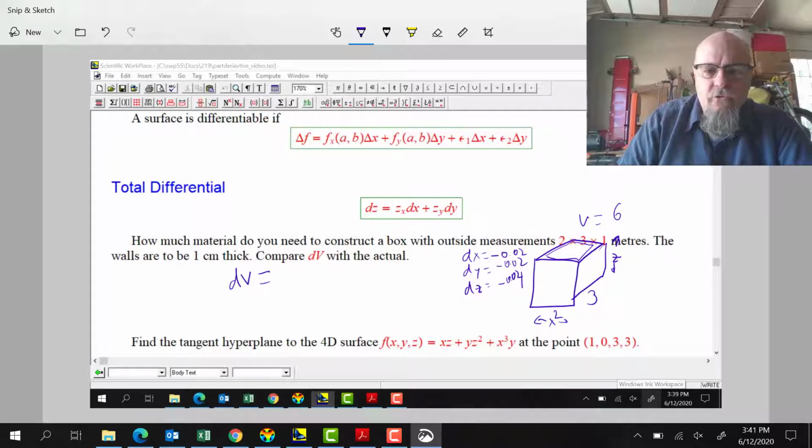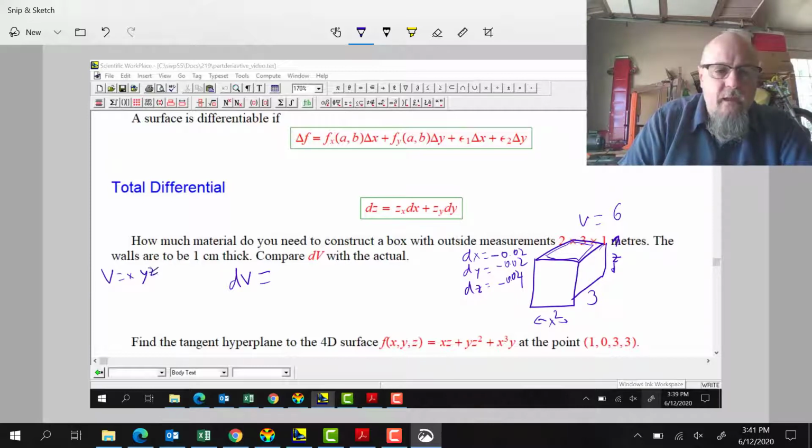All right, well, my volume formula, I need some derivatives. So the volume is equal to x times y times z. So V sub x is equal to yz. V sub y is equal to xz. V sub z is equal to xy.